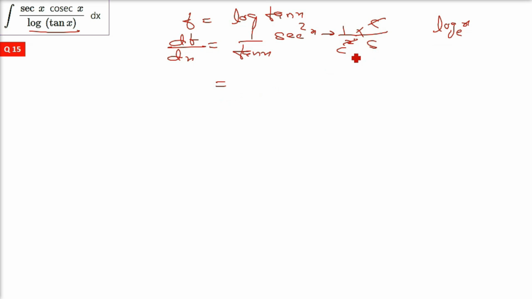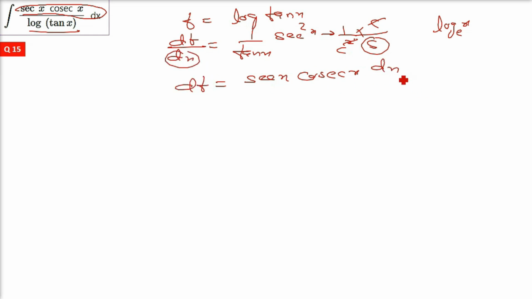So cos goes up, becomes sec x, and sin x goes up, it forms cosec x. And sec x cosec x into dx is what we wanted, and this has become dt. So the numerator you can just keep as dt. So this is the integration, dt divided by t, and dt is already there.